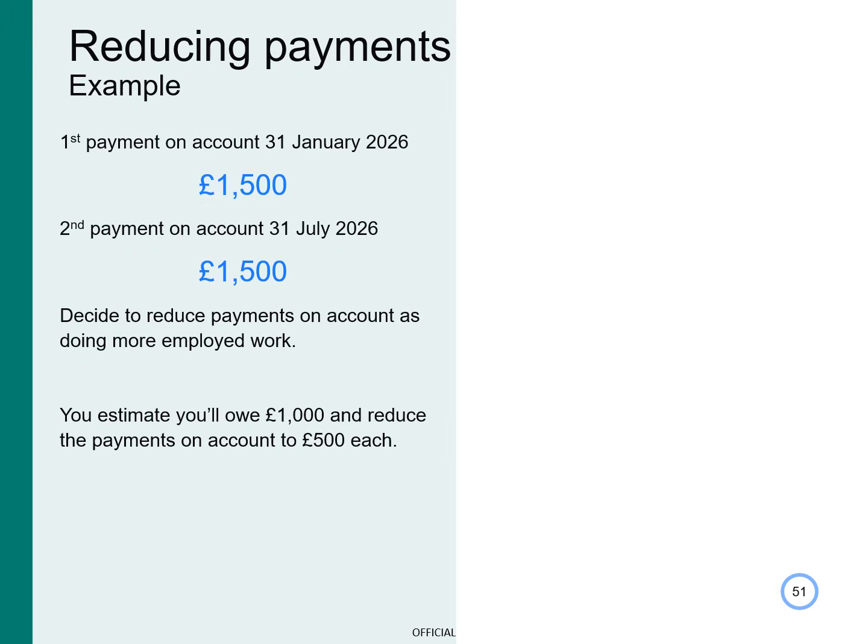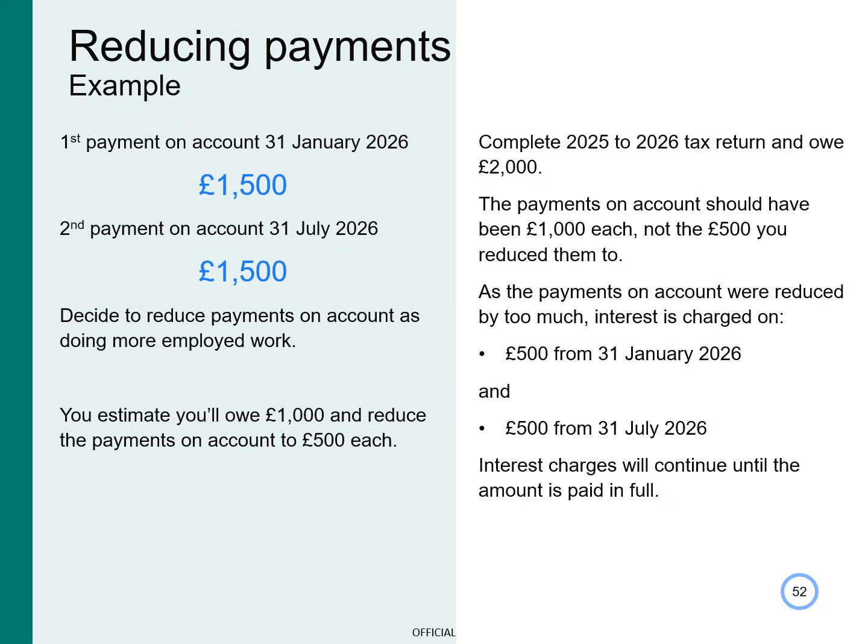Because you're doing more employed work and you're not going to be doing as much self-employed work in 2025 to 2026, you decide to reduce your payments on account. You estimate that you will owe £1,000 in 2025 to 2026 rather than the £3,000 that the payments on account are based on, so you reduce each payment on account to £500.